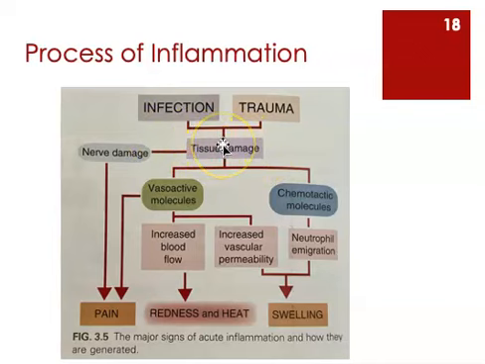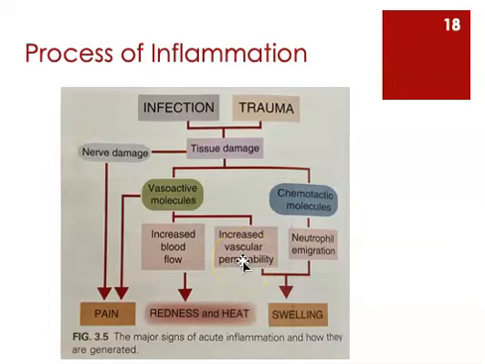And tissue damage then, if we follow down on this central pathway, causes a couple of things to happen. It causes certain chemicals called vasoactive chemicals to be released. These are the things that are going to help increase blood flow to that area, increase the permeability of the lining of your blood vessels.